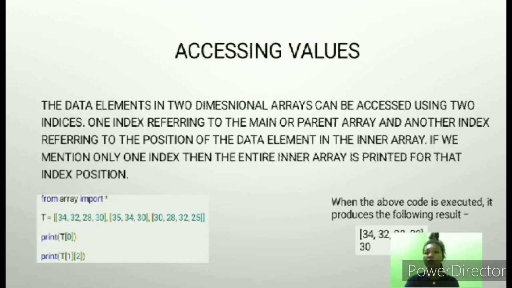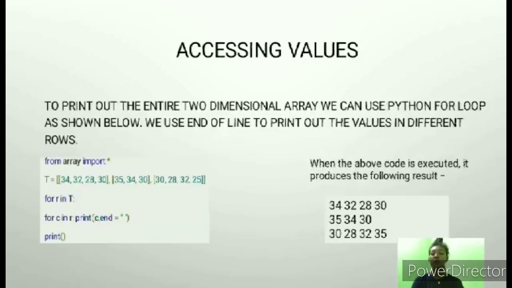When the above code is executed, it produces the following result. Of course, we'll see 34, 32, 28, 30, which is row 0, and 30 is in row 1, column 2. To print out the entire 2-dimensional array, we can use a Python for loop as shown below.